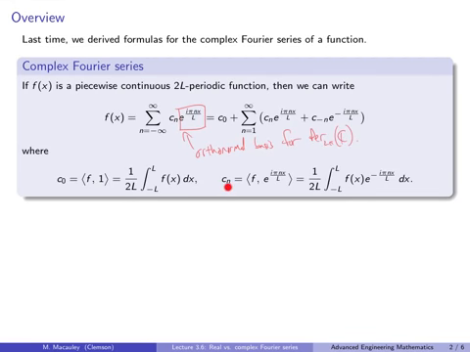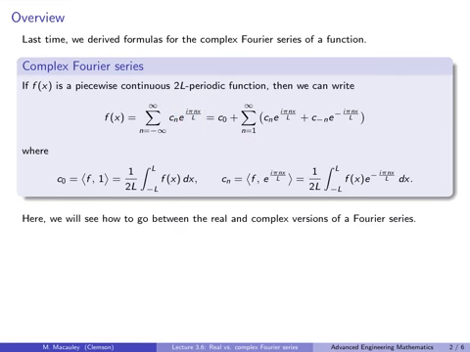And Cn, it works for positive and negative n, you don't need to compute it twice, is just the inner product of f with e to the I pi nx over L, and that's the same integral, except we have an exponential function here. So 1 over 2L times the integral from negative L to L of f of x e to the negative I pi nx over L dx.